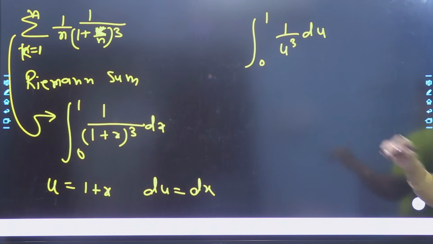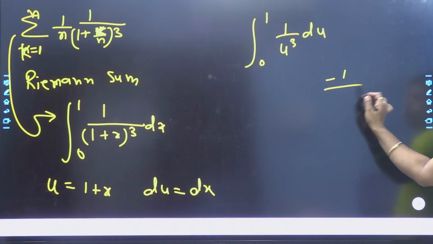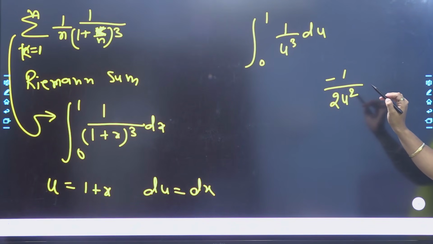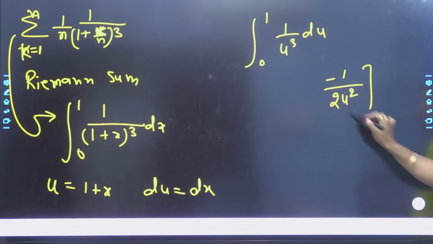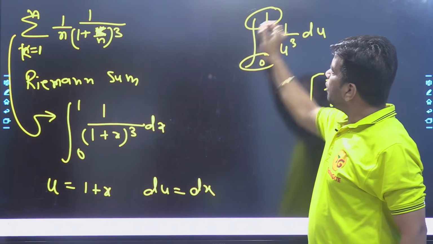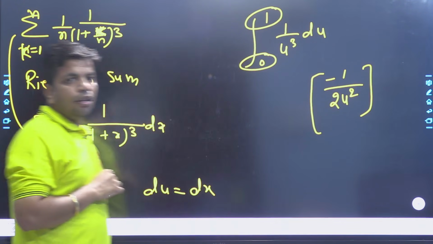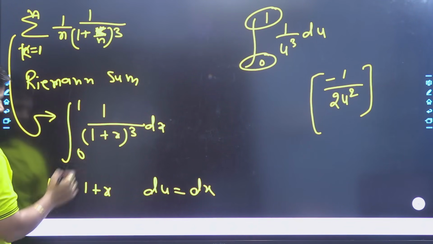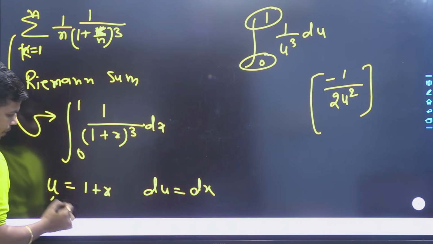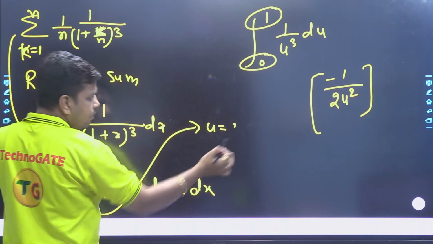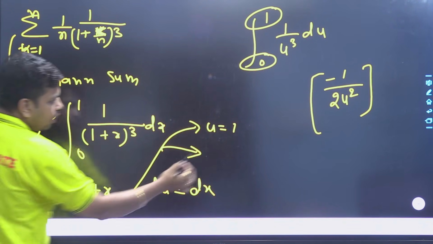So this is minus 1 upon 2u square. But just remember one point: this is the limit from 0 to 1 for x. If we do the substitution, the limits change. For u, when x is 0, u is 1, and when x is 1, u is 2.